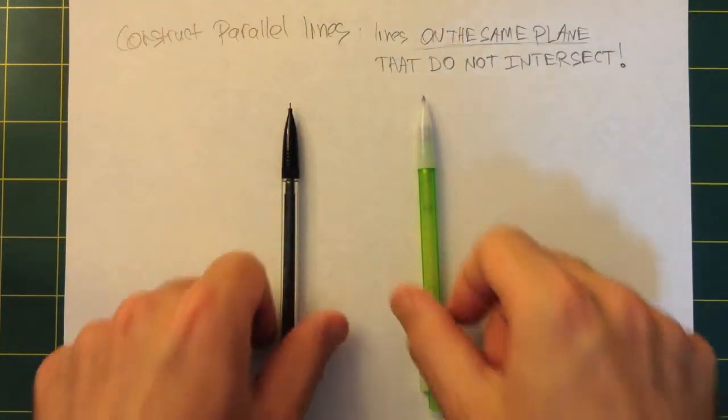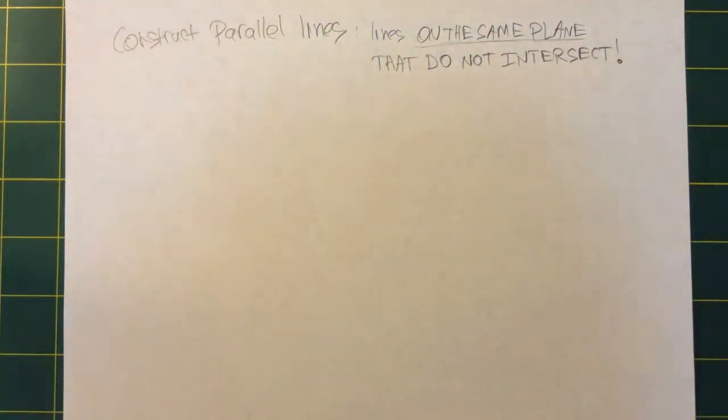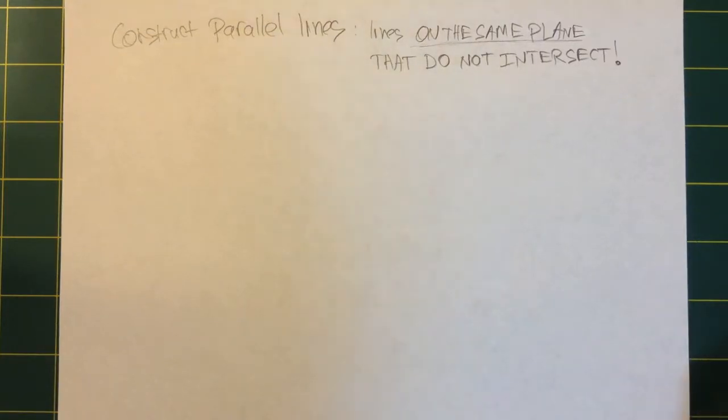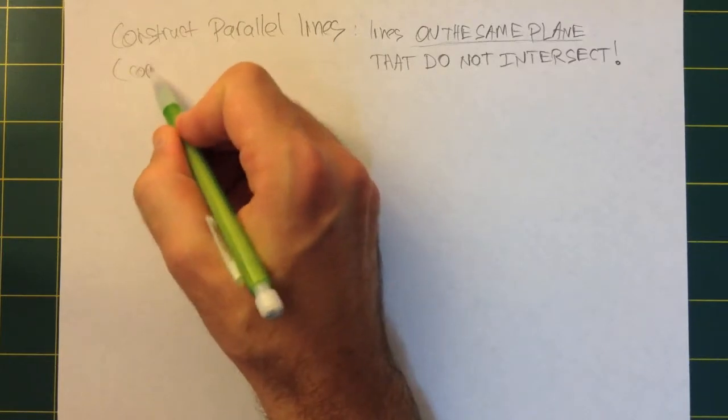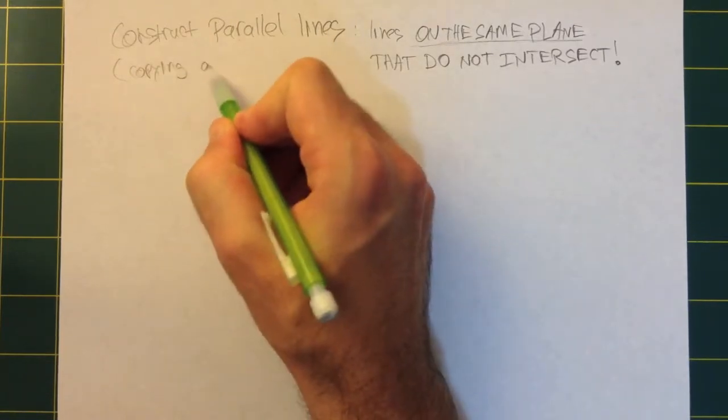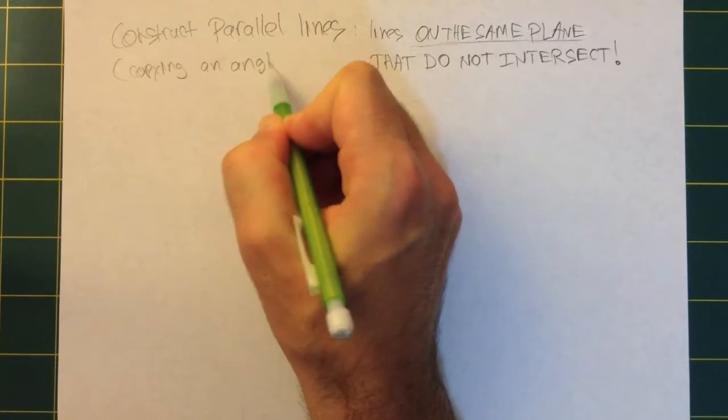We're going to actually use a construction technique from earlier, copying angles, in order to do our parallel line construction. This is really just copying an angle.